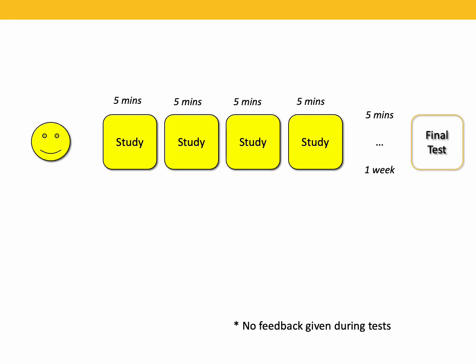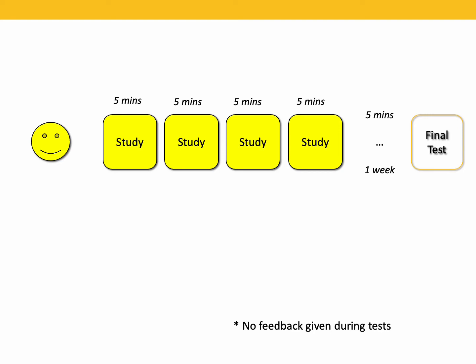So these participants essentially read a passage over and over again for 20 minutes. And then, after 5 minutes, the experimenter handed the participant a blank sheet of paper and said, okay, now I want you to write down everything you can remember about sea otters or the life cycle of a star or the sun. Okay? And then a week later, the same participants were brought in again and given the exact same memory test where they had to write down every single thing they could remember about the passage.